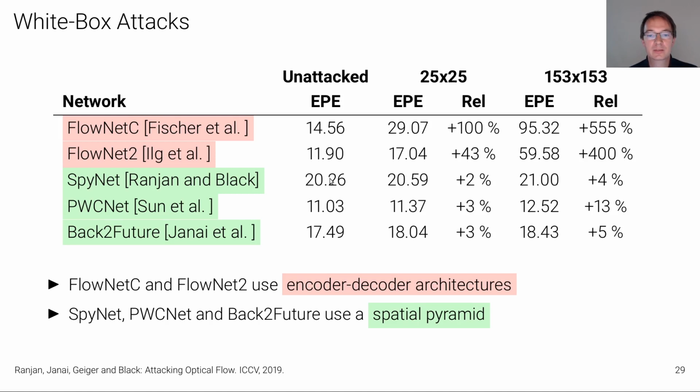Here are the numbers for the unattacked algorithms, and on the right you can see the results after the attack for a 25 by 25 pixel patch or for a 153 by 153 pixel patch. This is the relative increase in error. What you can see is that the encoder-decoder architectures are attacked much more severely than the spatial pyramid networks, which are attacked almost not.